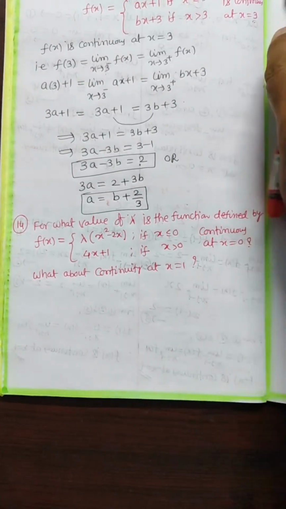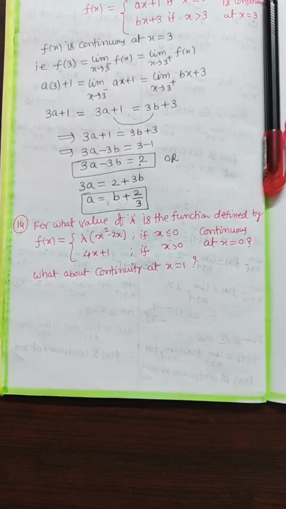First, f of x is continuous at x is equal to 0, for what values of lambda? If the question is like this, we will verify that.